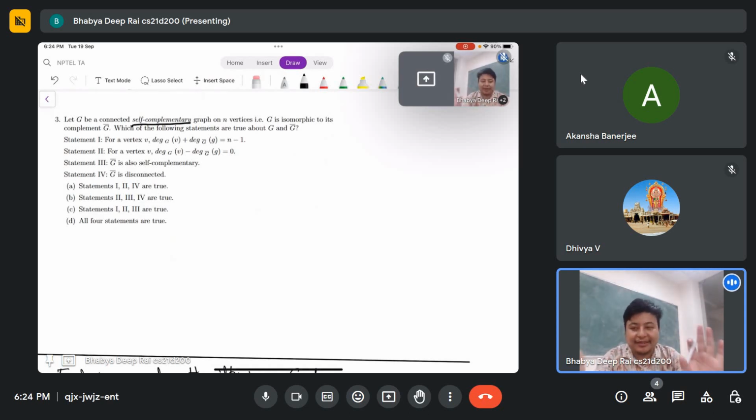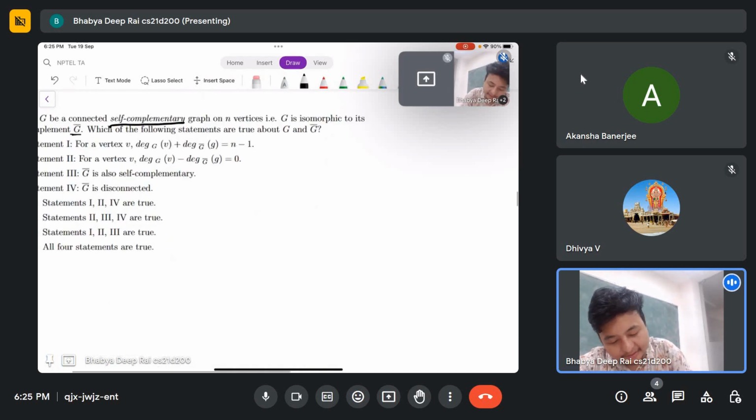G bar will look the same as G. G bar is the notation used to show the complement of G. Which of the following statements are true about G and G bar? Statement 1 says, for a vertex V, the degree of V in the graph G plus the degree of... Okay, sorry, there's a mistake here.